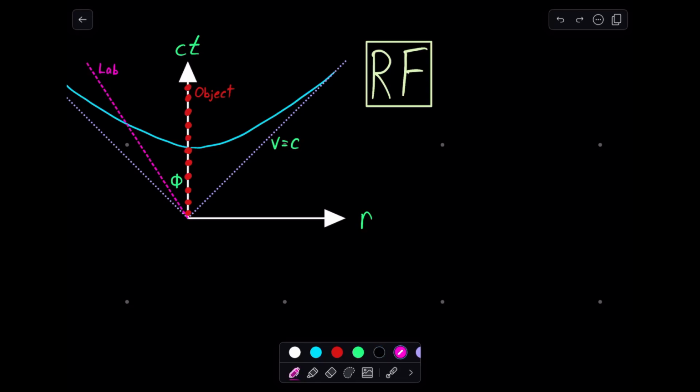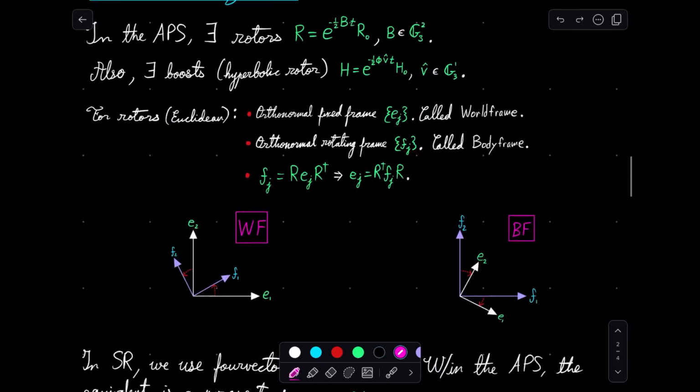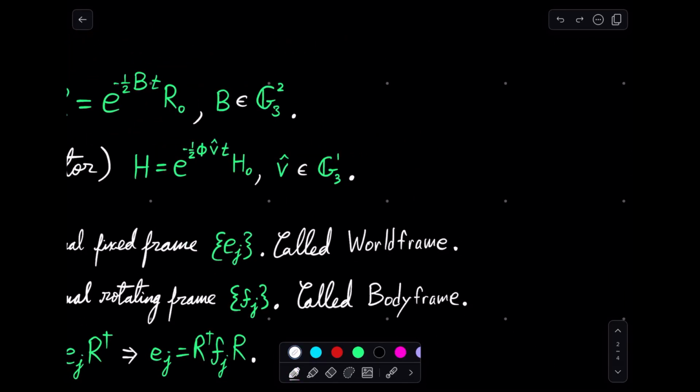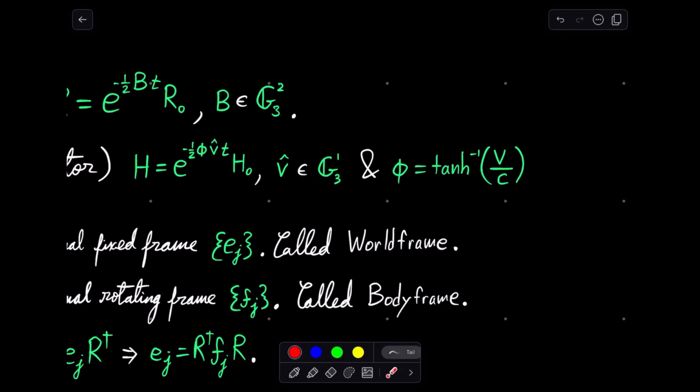So one thing of note, actually, I didn't define this back up here, but the hyperbolic angle phi is defined as the inverse hyperbolic tangent of the velocity over c. And that is the hyperbolic angle here.